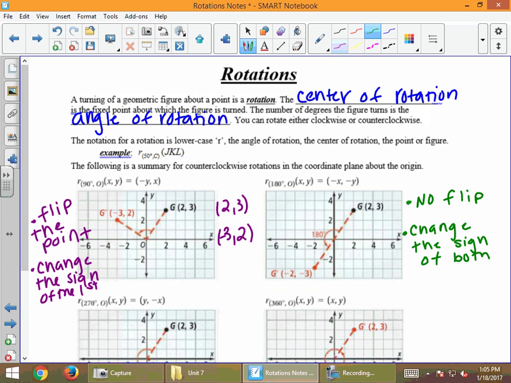We're rotating it 180 degrees, so there's no flip. We literally just change the sign of both. So if there's a positive 2, it becomes a negative, and a positive 3 becomes a negative 3. So if we rotated this 180, you just change the sign of both numbers. You don't do any flipping.